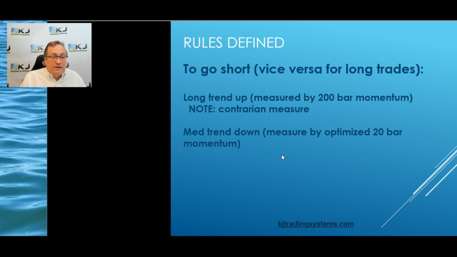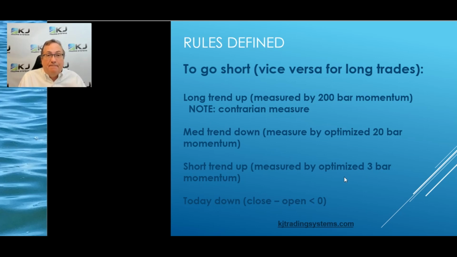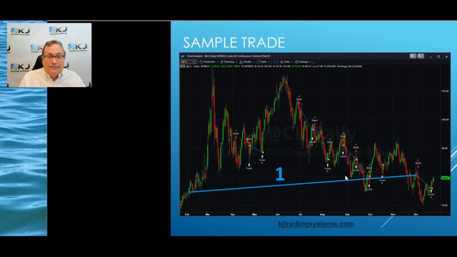So your long-term trend's up, your medium trend's down, your short-term trend's up. That's like the pullback part. That's going to be a very short-term, around a 3-bar momentum, somewhere in that range. And today is down. So even though the short-term trend's up, you've had some weakness, it's down, that's a good time to go short.